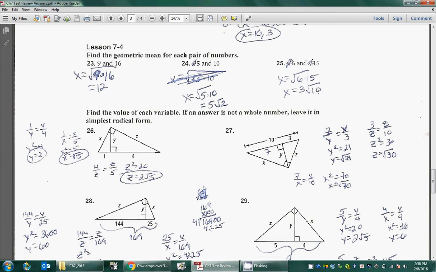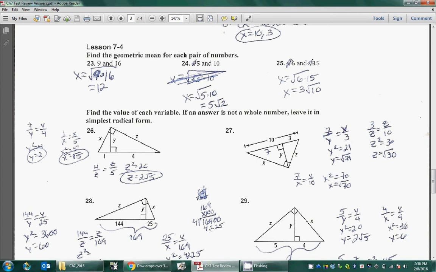Okay. Now, there's 2 ways that you can find geometric mean. That's the easiest way. You can also set up a proportion where I'm going to kind of show an example here with the y, where instead of multiplying and taking the square root, you have the 2 numbers that are the geometric mean in one cross, and you have the y, or up here I would have had x, in the other cross.